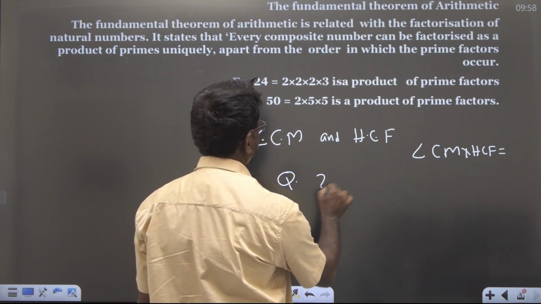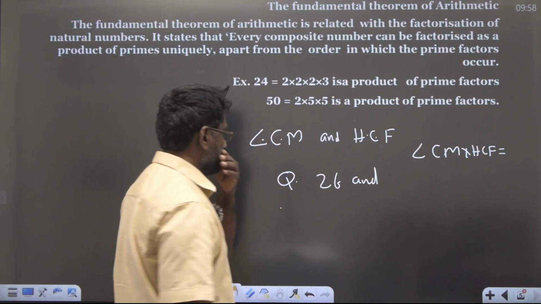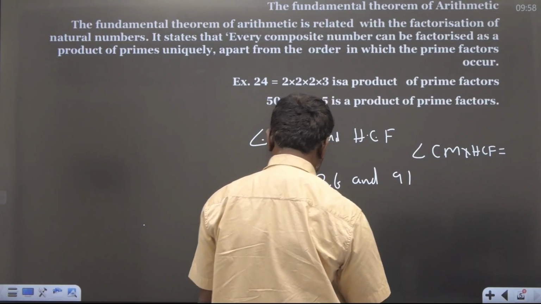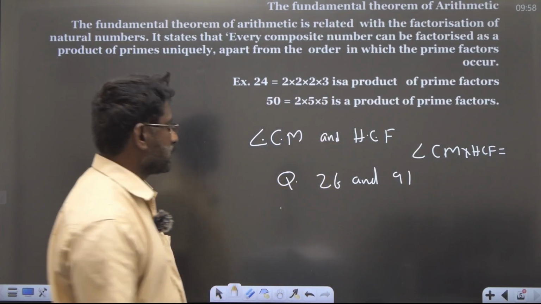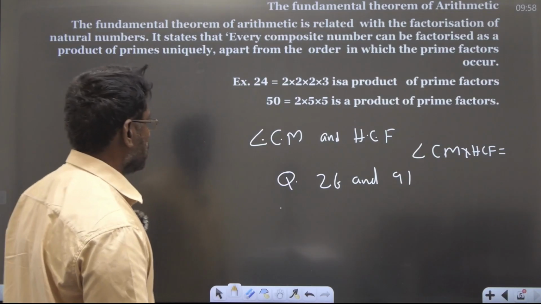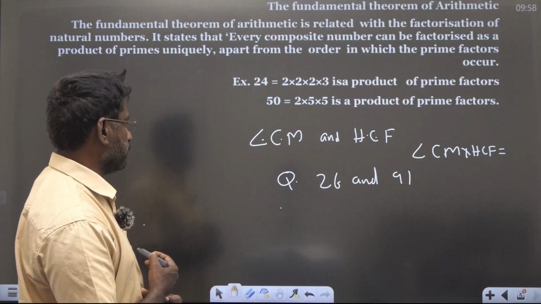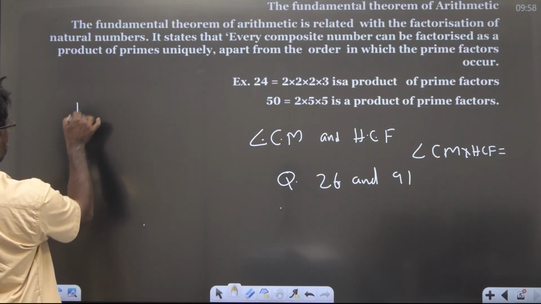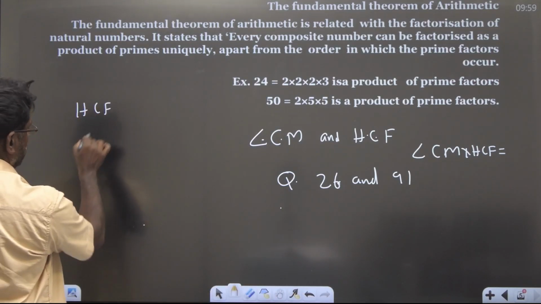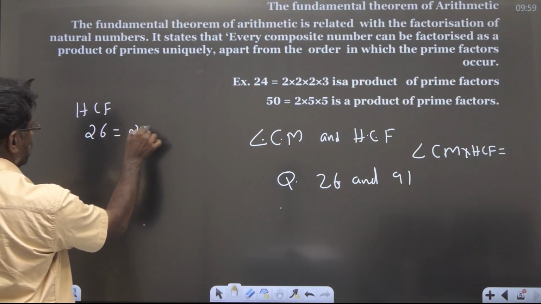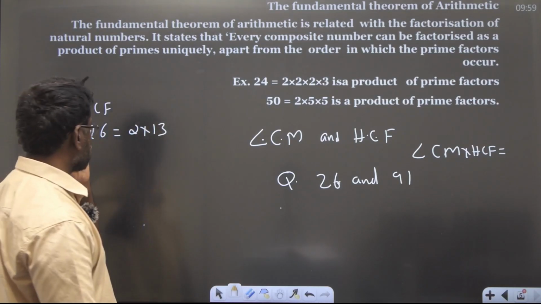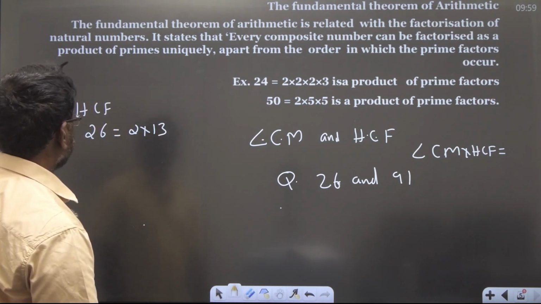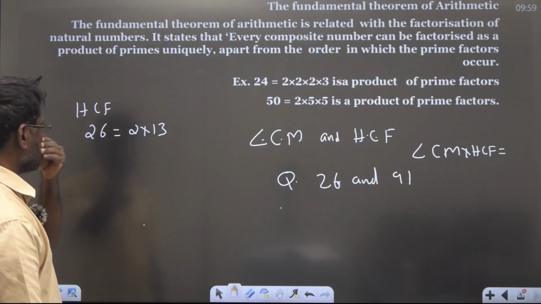Question: 26 and 91. How can we find the LCM and HCF? First we are going to try for HCF. Factorize 26 using prime factors, using this theorem. 26 can be 2 into 13.